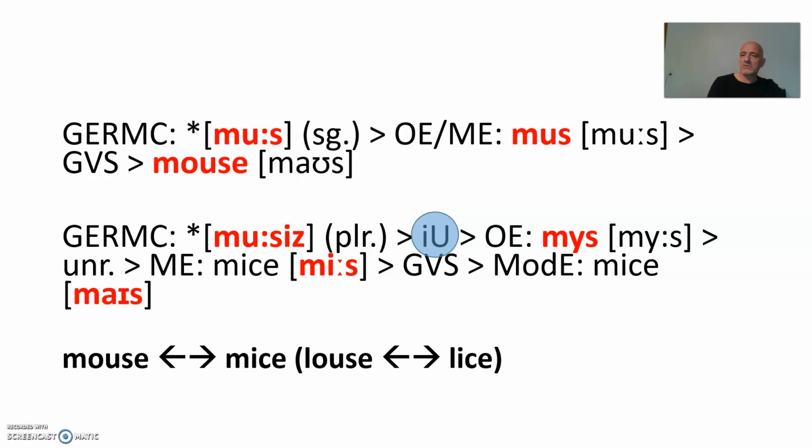Unrounding, muse into mies. Long muse becomes mies eventually in Middle English. The rest of the story is clear. A long E goes into the great vowel shift and becomes eventually mice in modern English. And therefore we have today mouse and mice. So the plural has I umlaut, I-Mutation, and the singular remains.